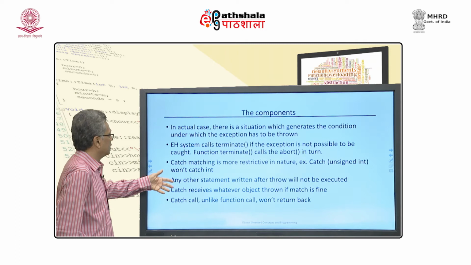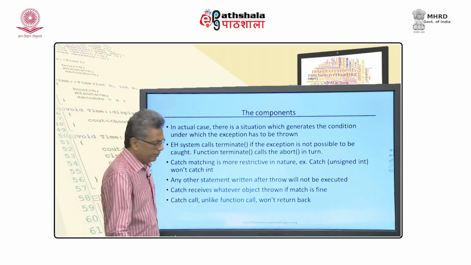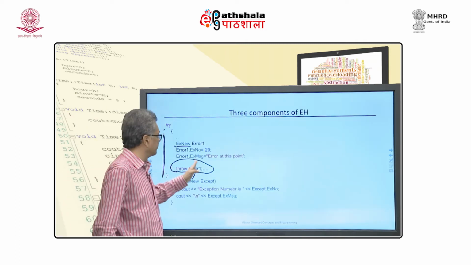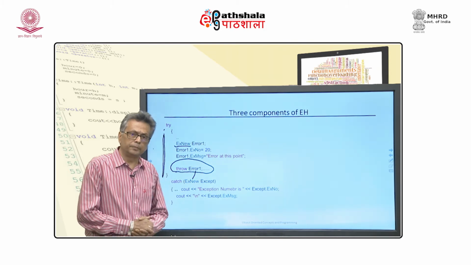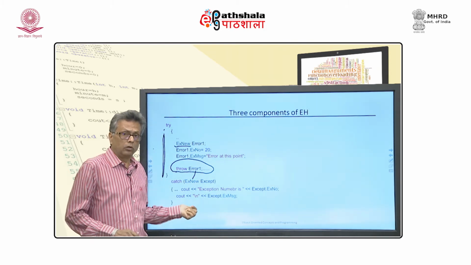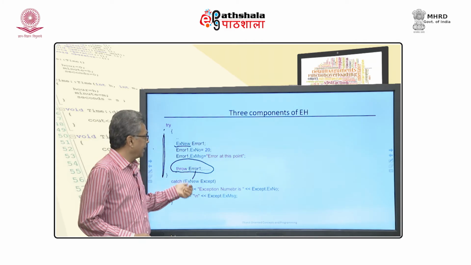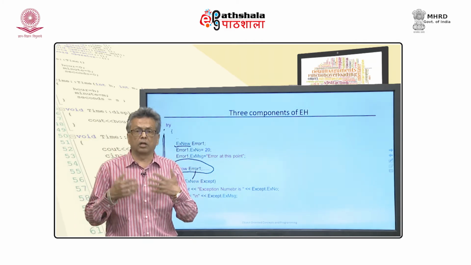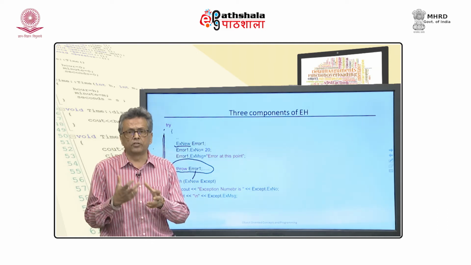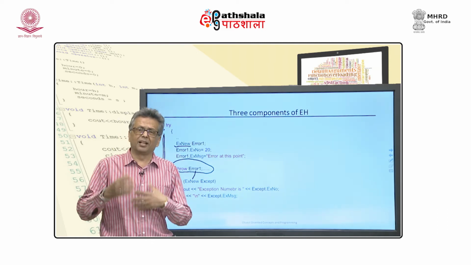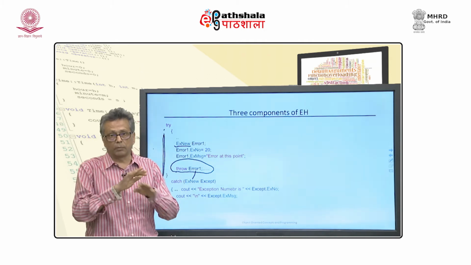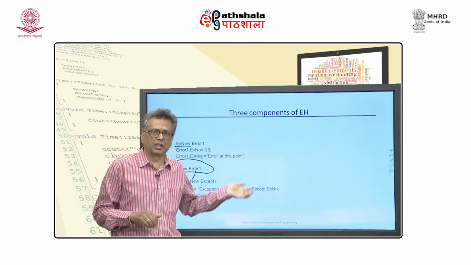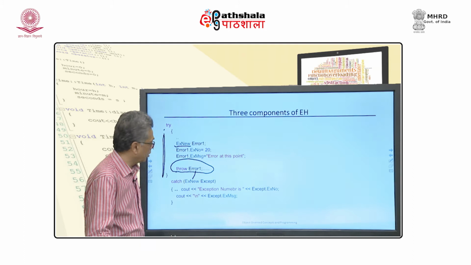What if I am throwing something else and the catch contains something else? If so, the exception handling system runs a function called terminate, and that terminate in turn calls abort, which aborts the system. So it is basically terminating the program in an abnormal fashion.